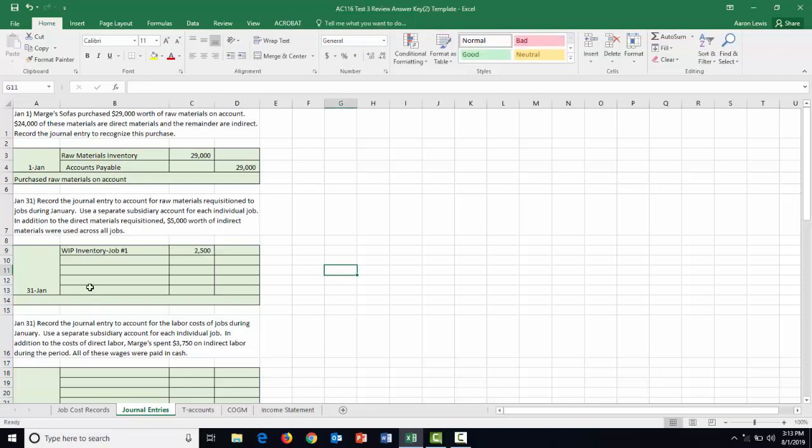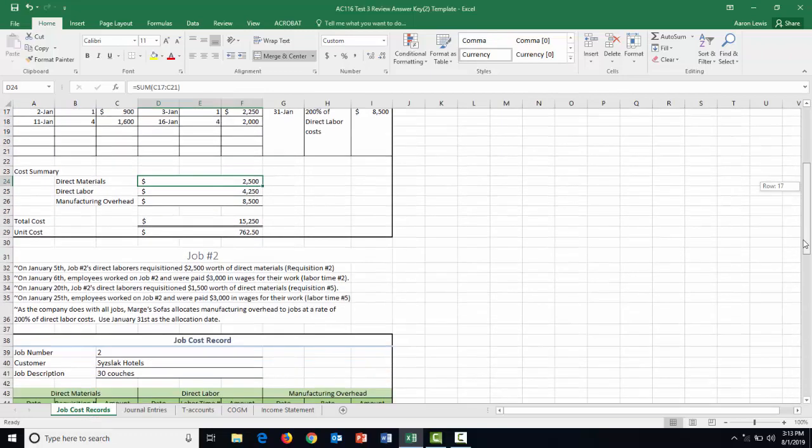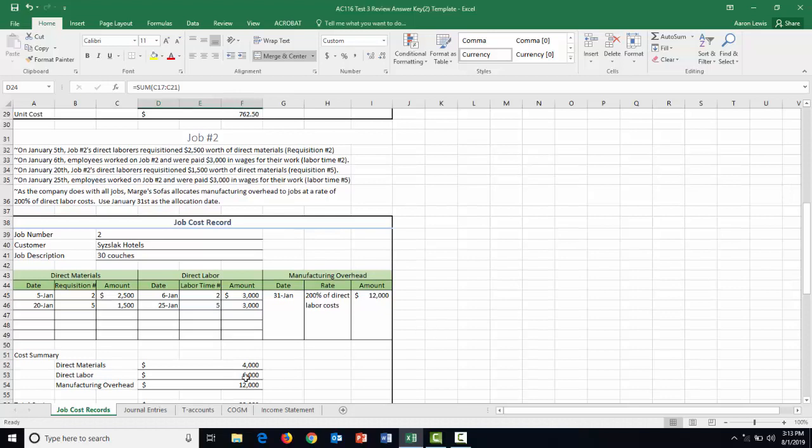We're going to do the same thing for job number 2. So our account is WIP inventory for job number 2. Go back to our job cost records, and we see in our job cost record for job number 2 that we had total direct materials of $4,000 right here. So we're going to fill in $4,000 in our journal entry.